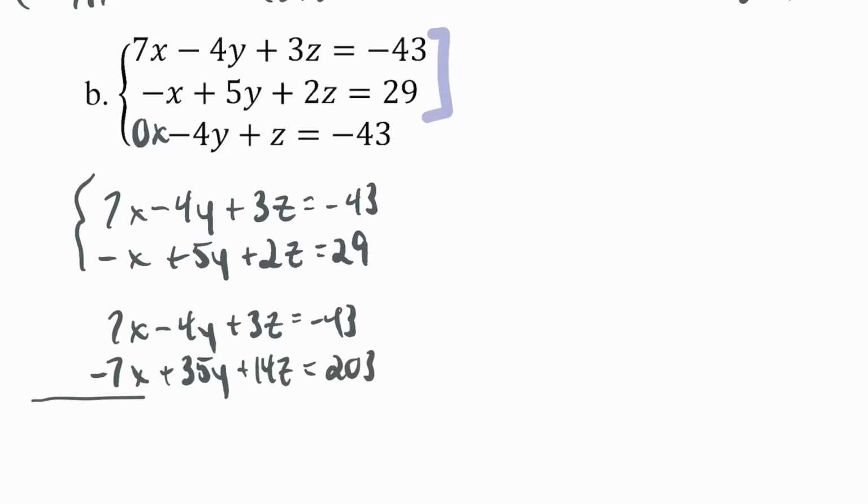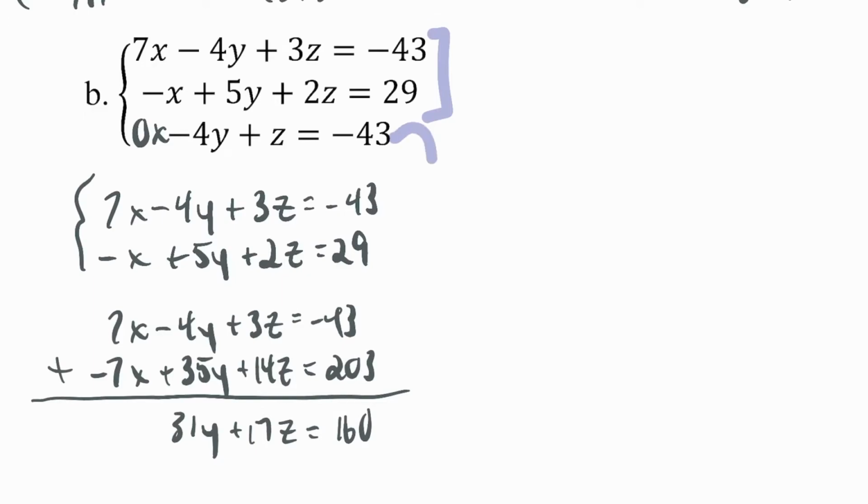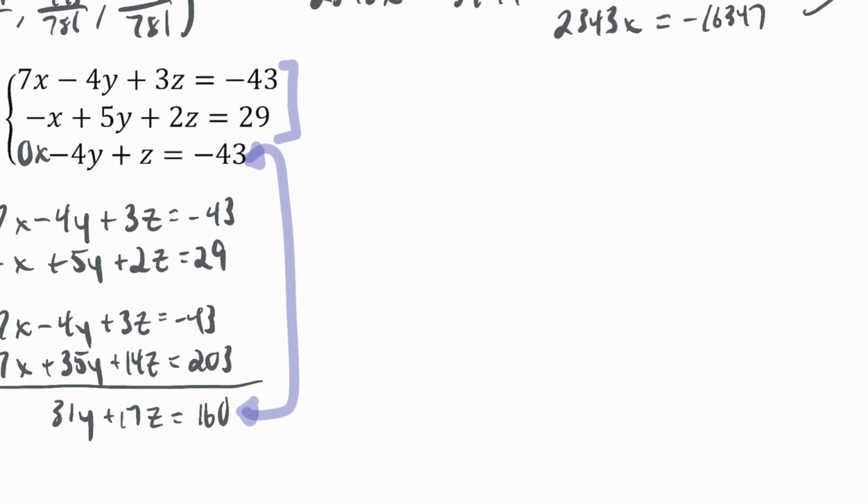Okay, so when I add these together, I'm going to get no x's, 31y plus 17z equals 160. So now I can take these two equations and solve those as a pair.